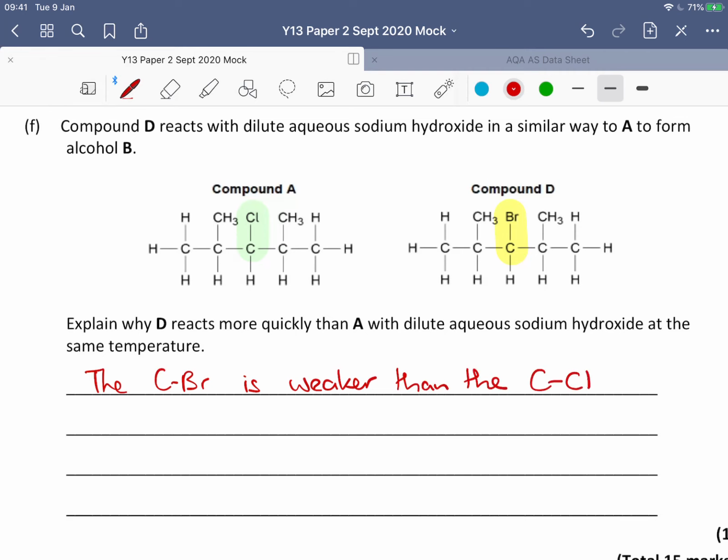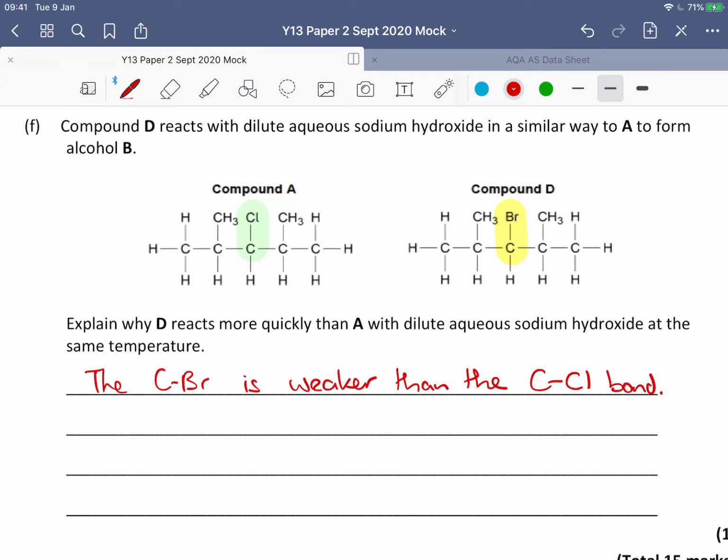This has got nothing to do with electronegativity. This is about bond strength. And one of the factors in bond strength is how long the bond is. So the longer the bond, generally the weaker it is, because that means the electrostatic attraction between the shared pair of electrons and the adjacent atom's nuclei is weaker, because distance makes that electrostatic attraction weaker.